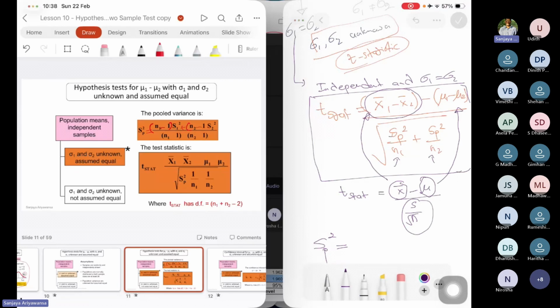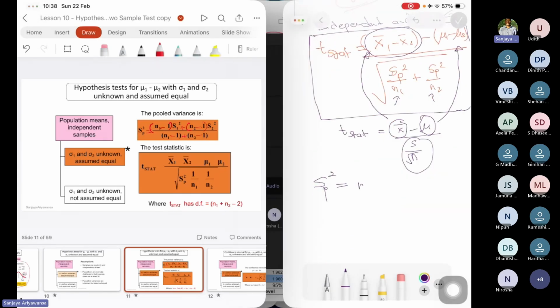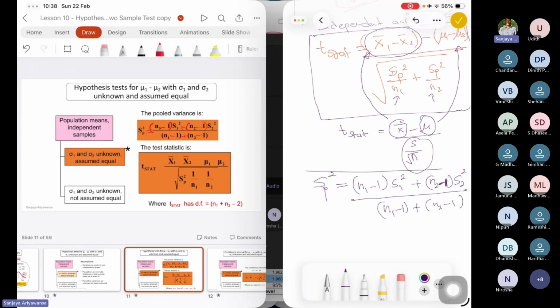How do you calculate that? It is given by this particular equation: n1 minus 1 times s1 squared, which is the sample variance of the first sample, plus n2 minus 1 times s2 squared, which is the sample variance of the second sample, divided by n1 minus 1 plus n2 minus 1.